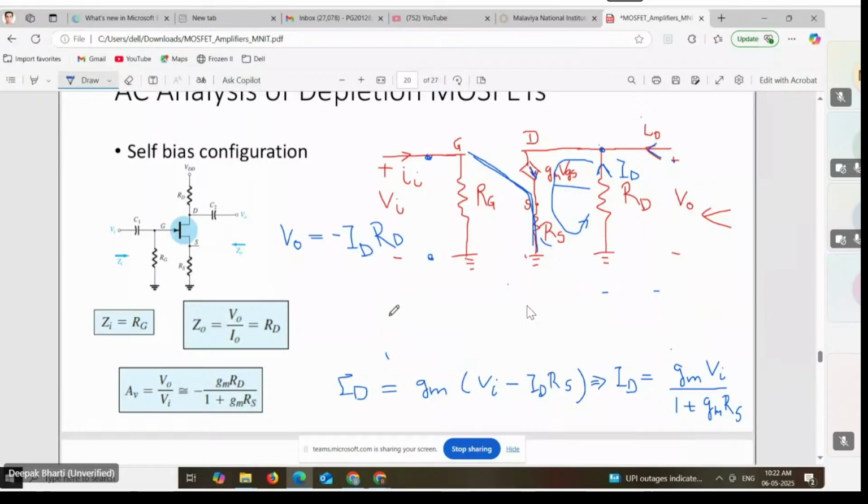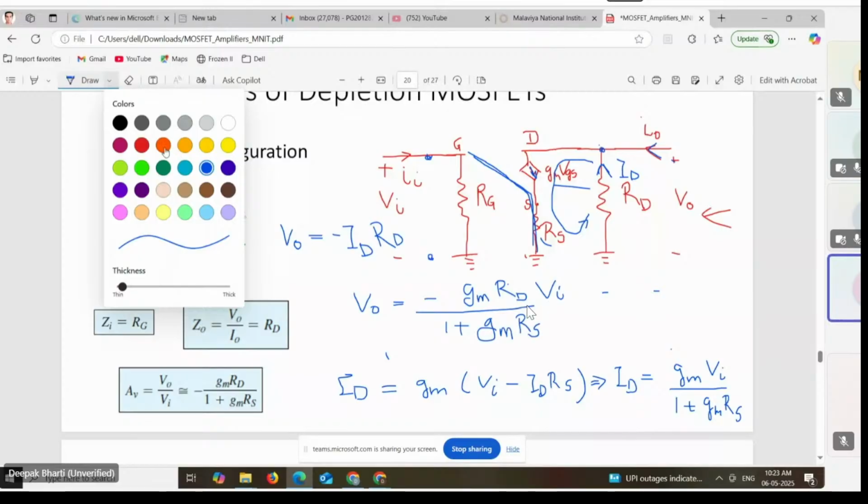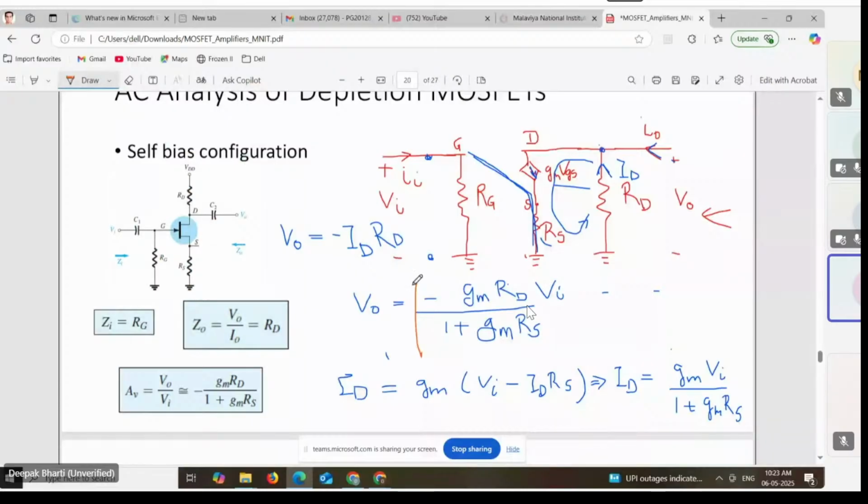V naught is minus GM RD times VI upon 1 plus GM RS. So what will be this ratio? This ratio V naught by VI, that is the gain, will be minus GM RD upon 1 plus GM RS. This will be the gain.